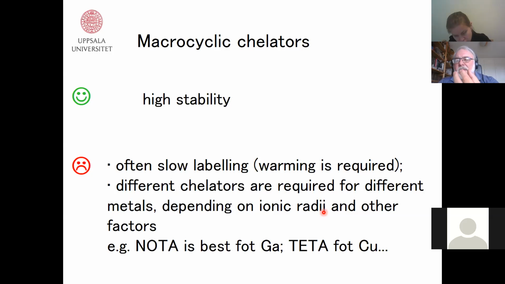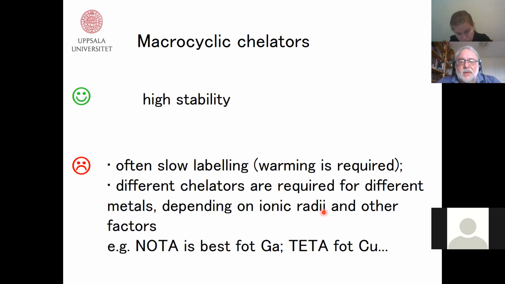Generally speaking, one could say that the complex formation happens in two stages. The first one is rapid, it's off-cage complex formation, when the metal is loosely bound by electrostatic interaction with the carboxy groups.